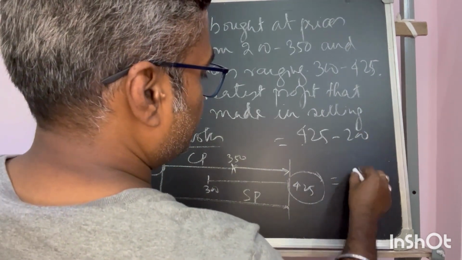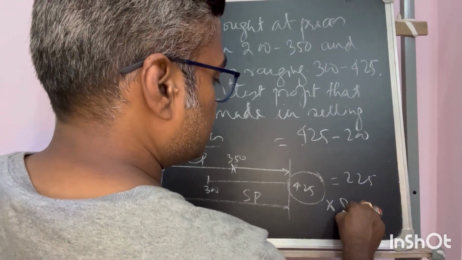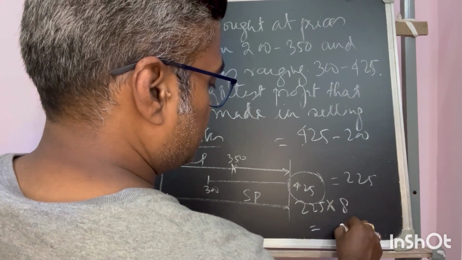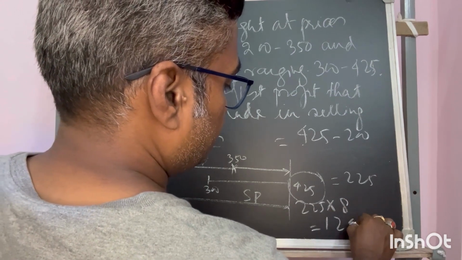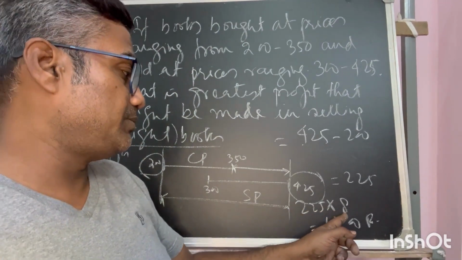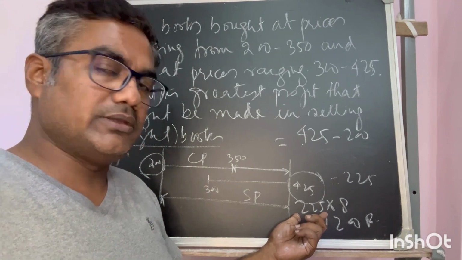The maximum profit for this case is 225. Now you sell 8 books, it will be multiplied by 8, so 200, 1200 rupees. This will be the only multiplication factor on the maximum profit I gain.